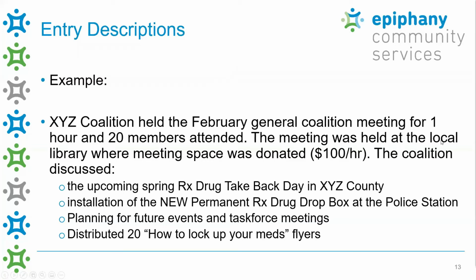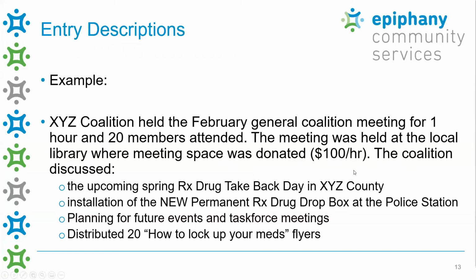The meeting was held at the local library where meeting space was donated, so I'm stating what in-kind service I had, my meeting space donated, and how much it costs per hour. That'll let my scorer know, oh, they had a 1 hour meeting, they had meeting space donated for 1 hour, they have $100 of in-kind, right?